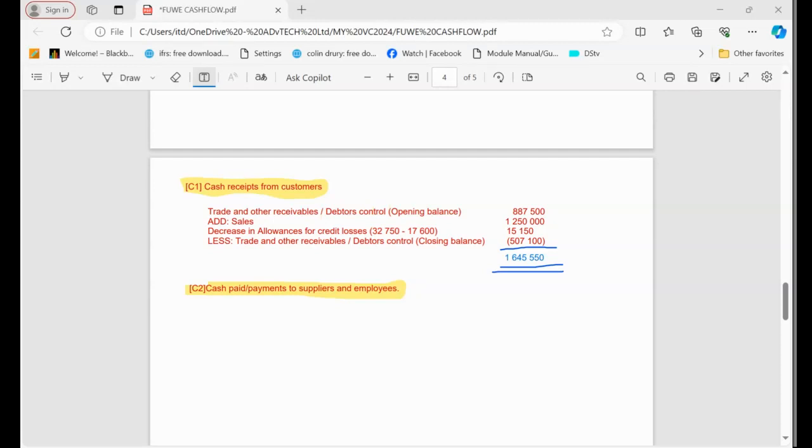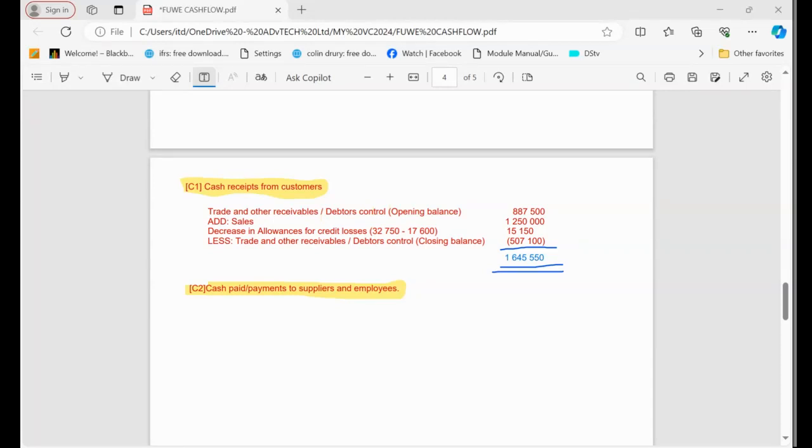So the first thing that we need in this case, I want to use the method that your book uses. Look at the first calculation that we did.